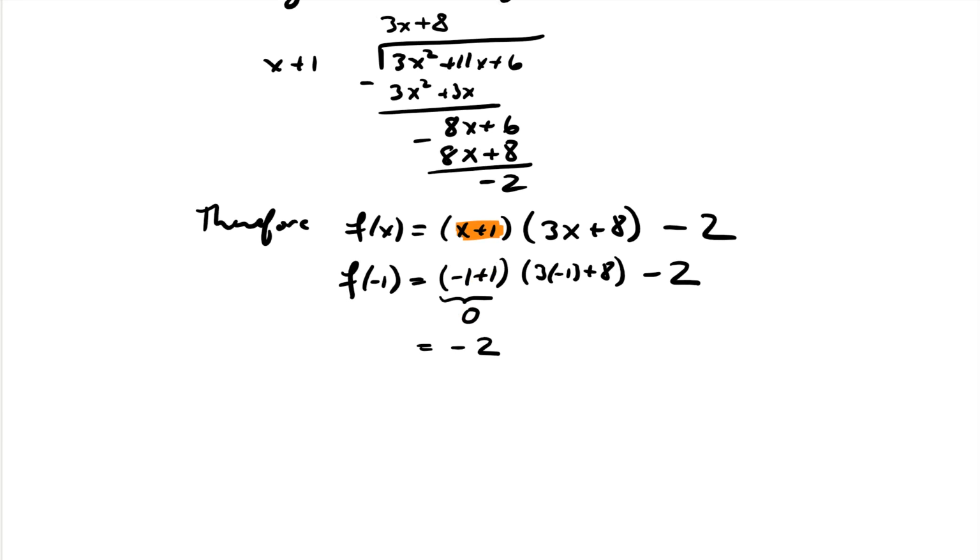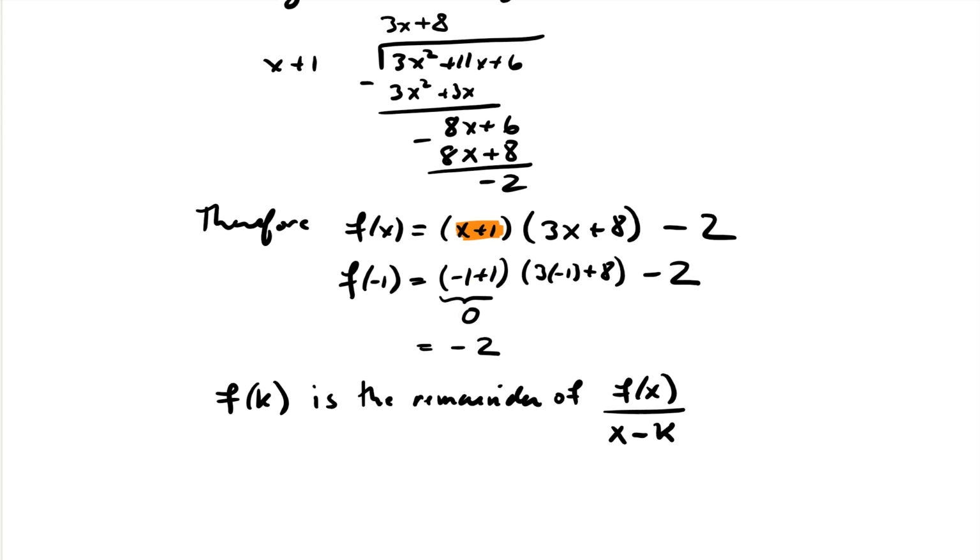So this is something we're going to write down because it's kind of important. So if we calculate f of k, it's going to be the remainder of f of x that we divide by x minus k. If you're not too sure what I wrote there, I wrote this general statement. We looked at a particular case.